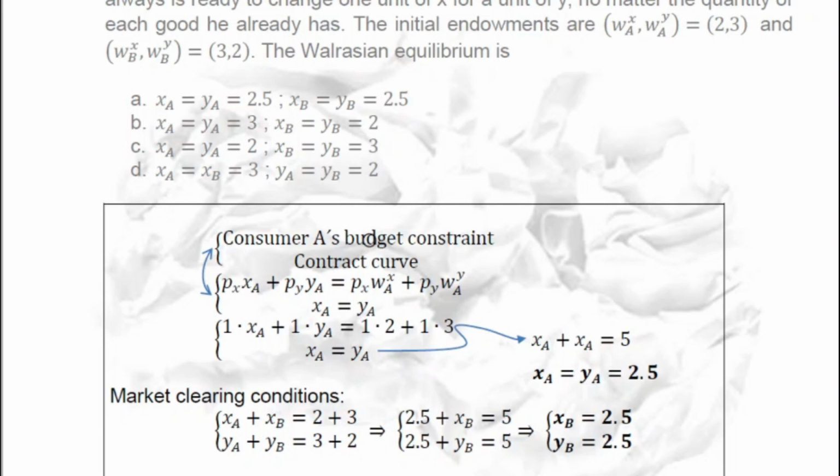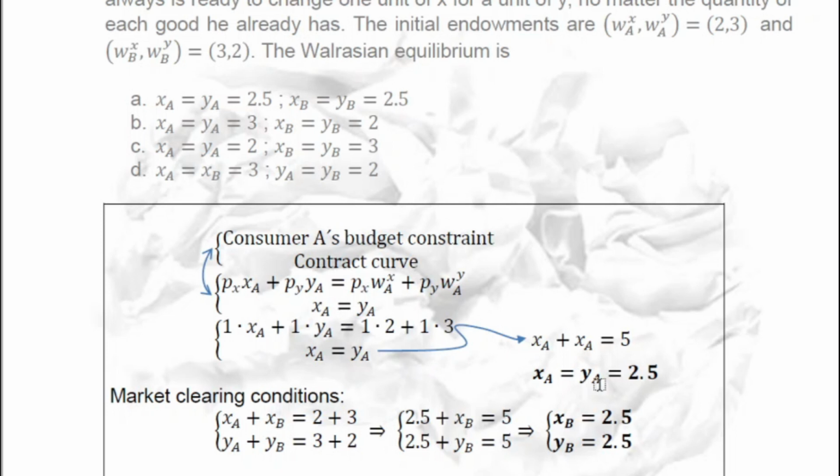I should say the budget income: consumer A has 2 units of good X, each at the price of 1, and 3 units of Y, each at the price of 1 also. So he has 5 as budget. Now, as X is equal to Y for consumer A, we substitute it here and we find this.